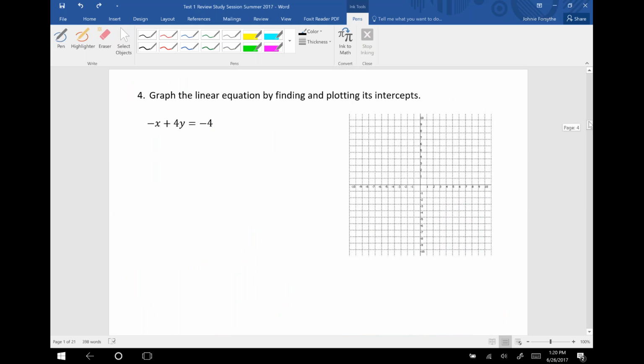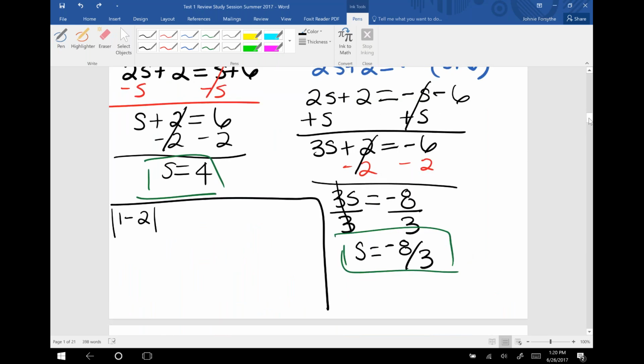So 1 minus 2, and then the bar, and then z? Yeah. So the absolute value is z minus 5, not 1 minus 2.